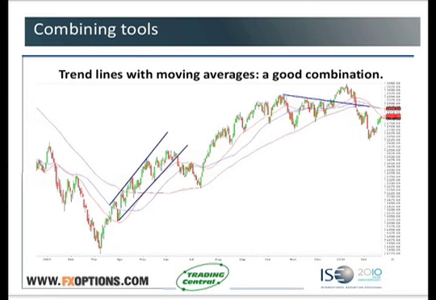In this example, we have the Dow Jones Eurostoxx 50. Sorry, it's not the S&P 500 or Dow Jones Industrial, but that's not the most important. On the first pattern, I drew a bullish channel, just there.